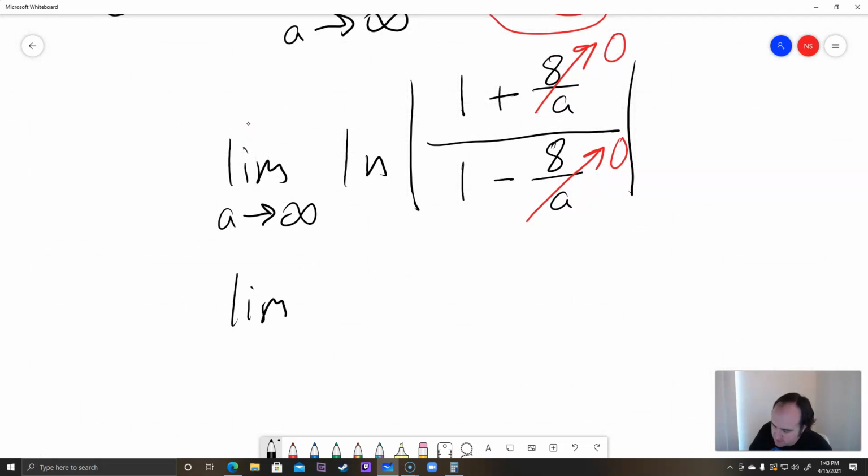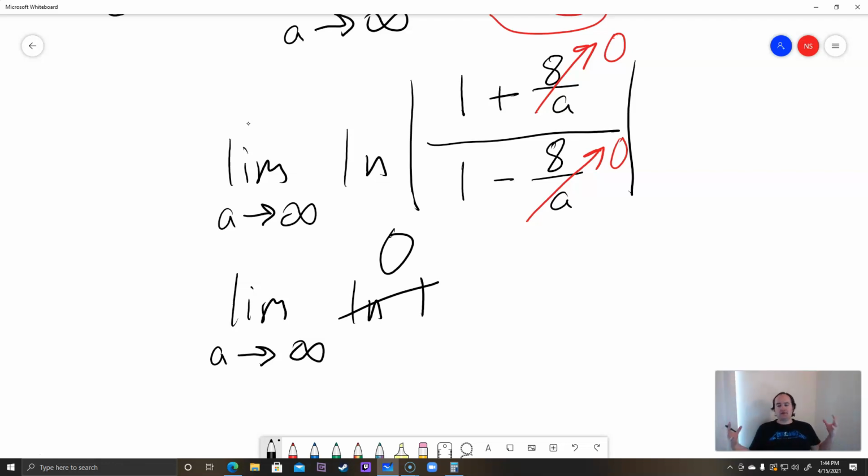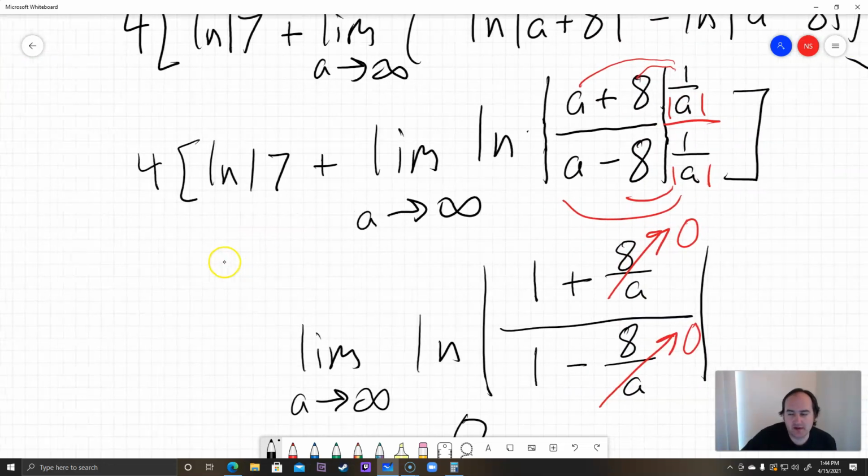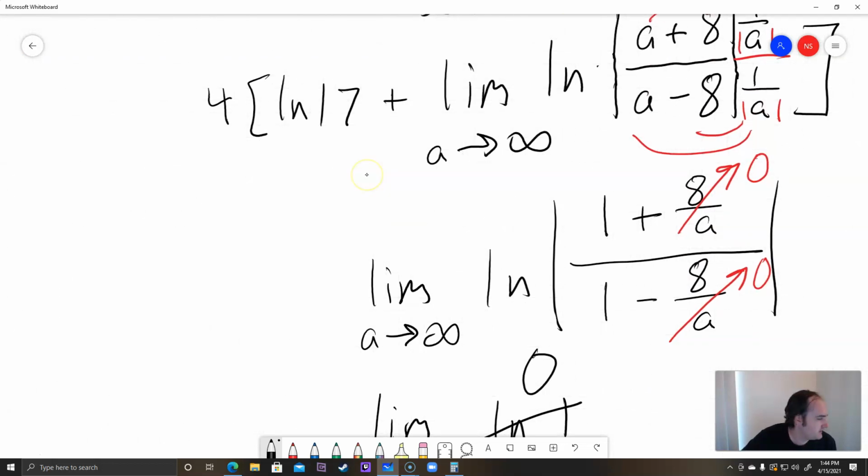That's actually the limit as a goes to infinity of ln of 1. You should know e to the 0 is 1, so ln of 1 is just 0. We did all that work, and that whole thing just ended up being 0. But that's how it is sometimes in math. You do a bunch of work and it ends up being 0.